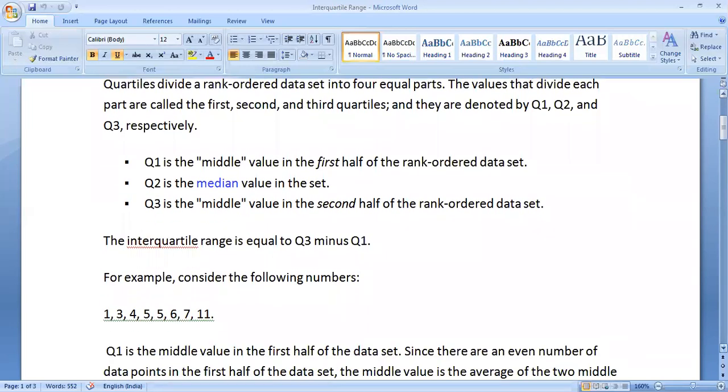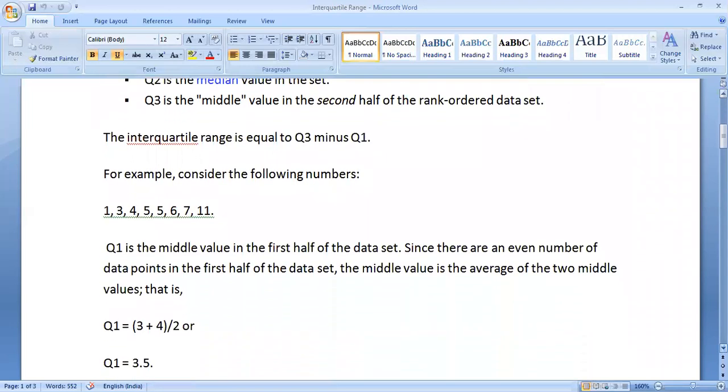For example, if the numbers 1 3 4 5 5 6 7 11 are already arranged in ascending order, then the number of elements is equal to 8. So the median would be the average of the two middle numbers, the fourth and the fifth.